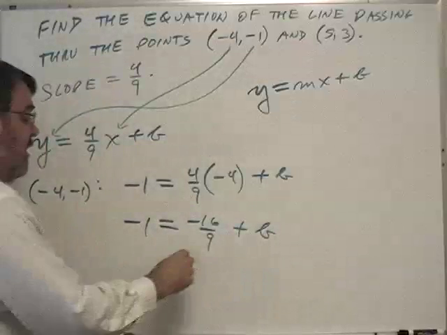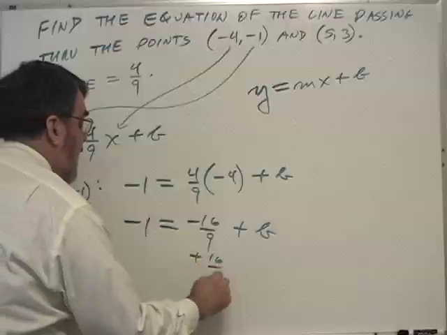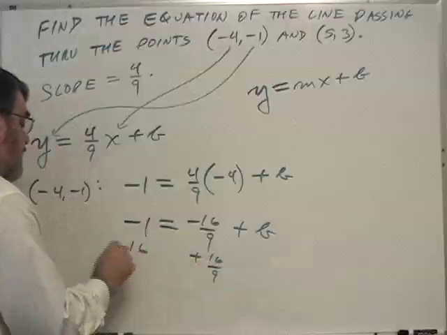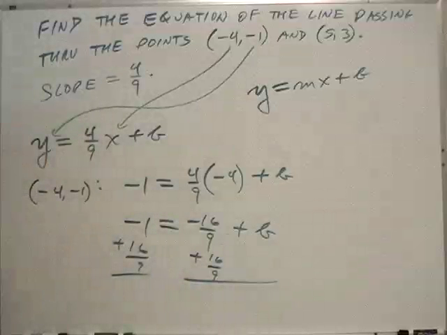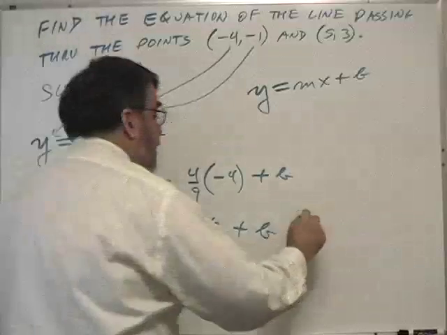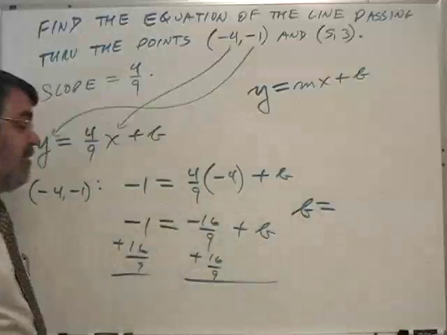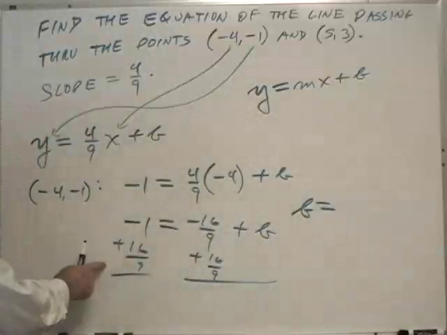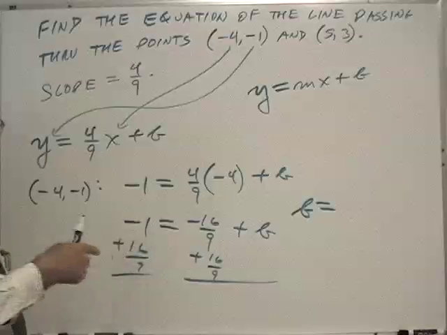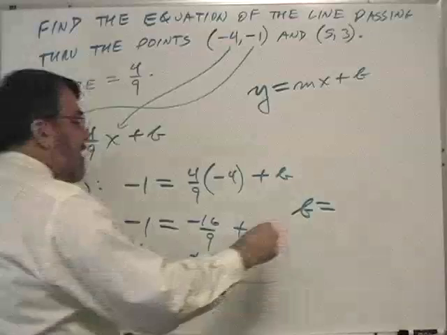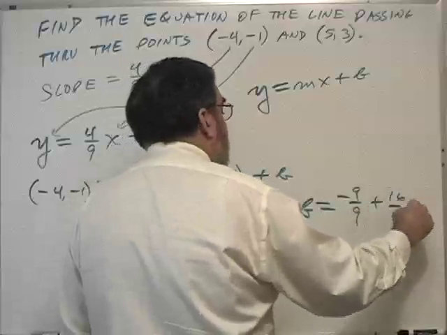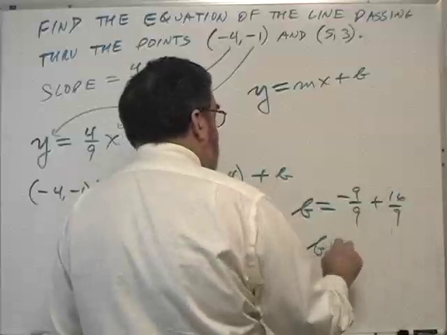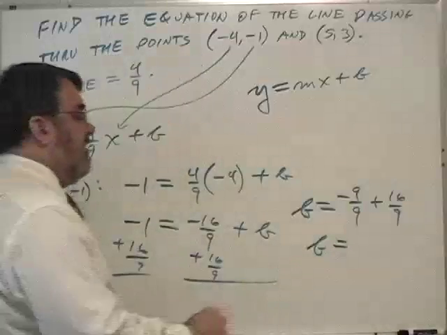And to solve for b, I need to add 16/9 to both sides. And so b is going to be -1 plus 16/9. Now, we need a common denominator. -1 is -9/9 plus 16/9. And b equals, what is that, 7/9.